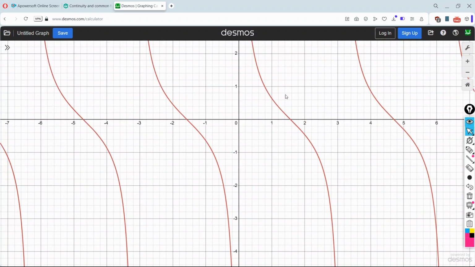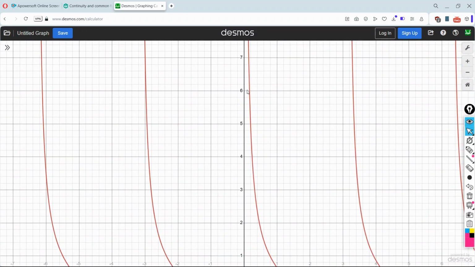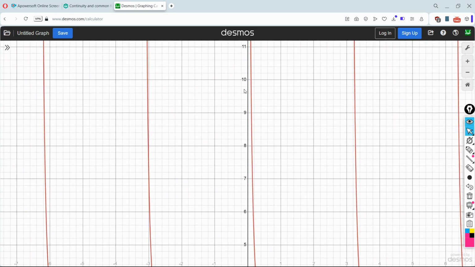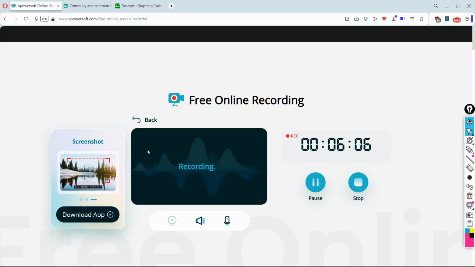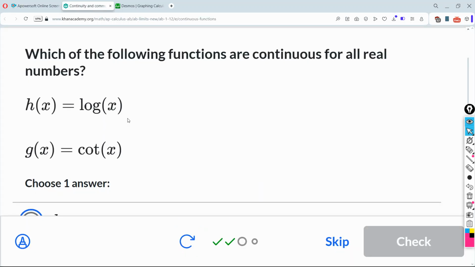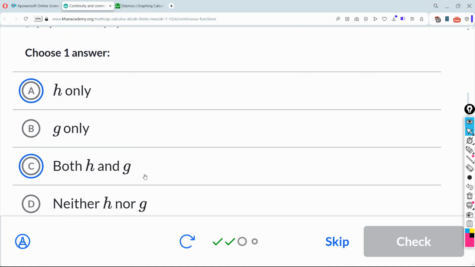Same thing on the positive side. It keeps going up, but it never reaches the y-axis. That's because, like I showed you mathematically, it is not defined at that point. So neither of these work. None of the above.